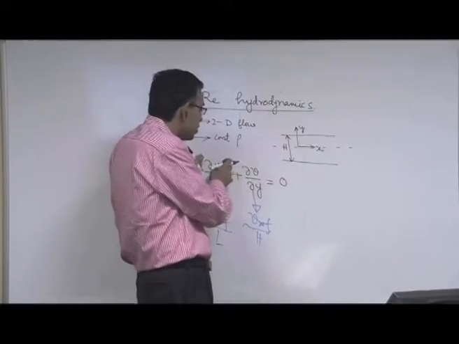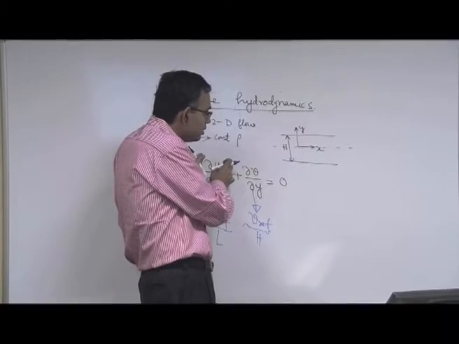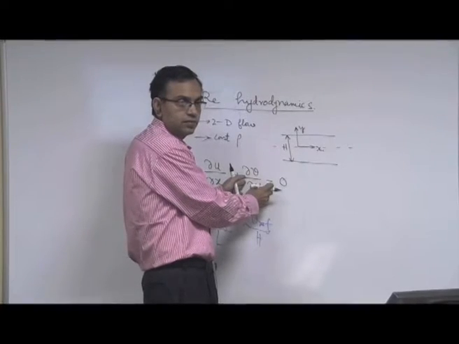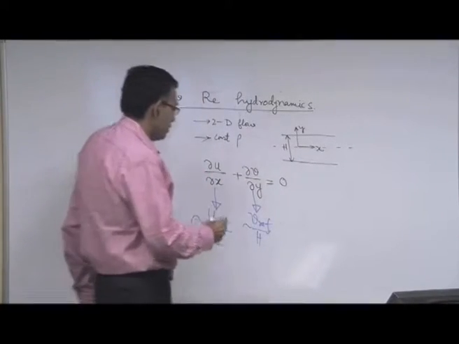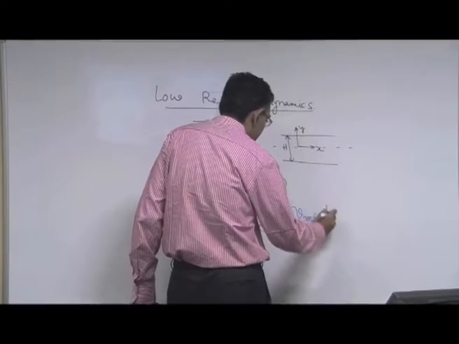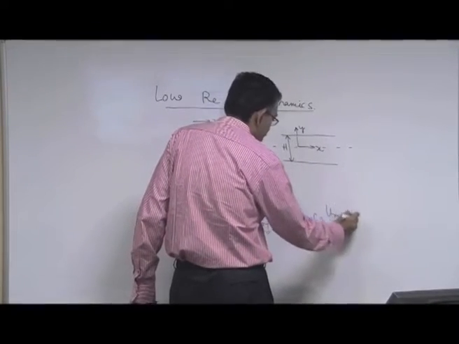So if this is of a particular order, if this is non-zero, that also has to be of the same order. Okay. So you can write from here V reference is of the order of U reference into H by L.